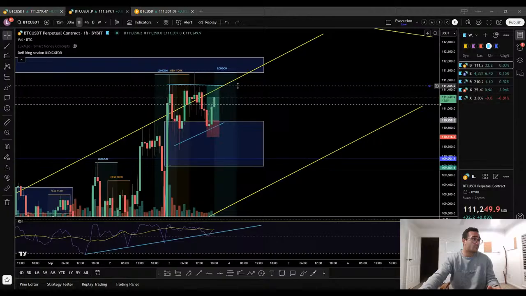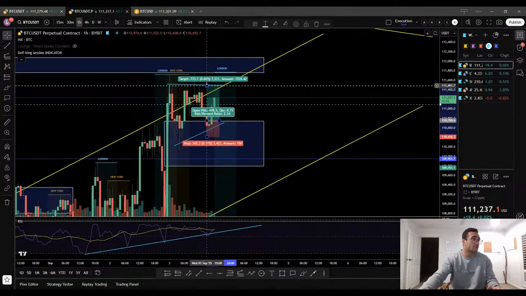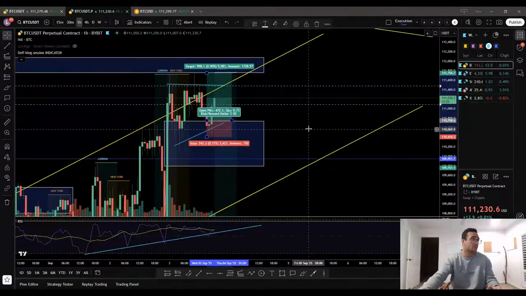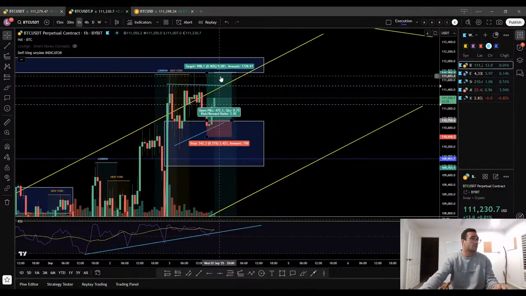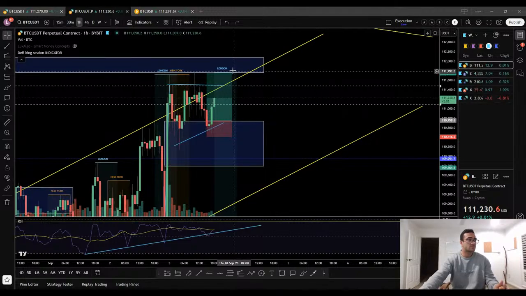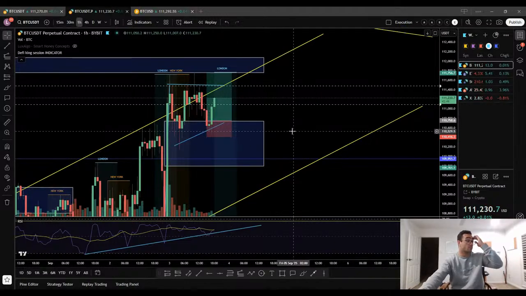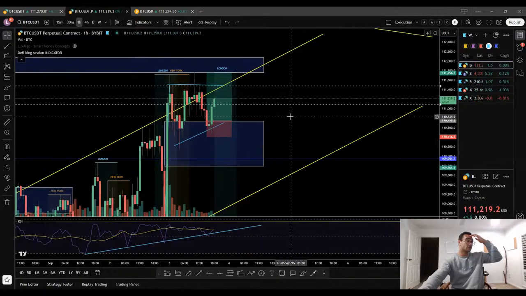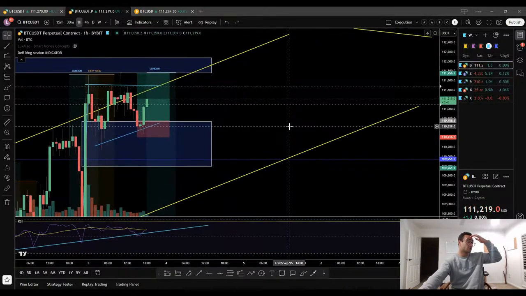So we could see another tap potentially up here. And that's close to a 3-1 ratio. Yeah, nice. But we can lock in profits here simply just because.